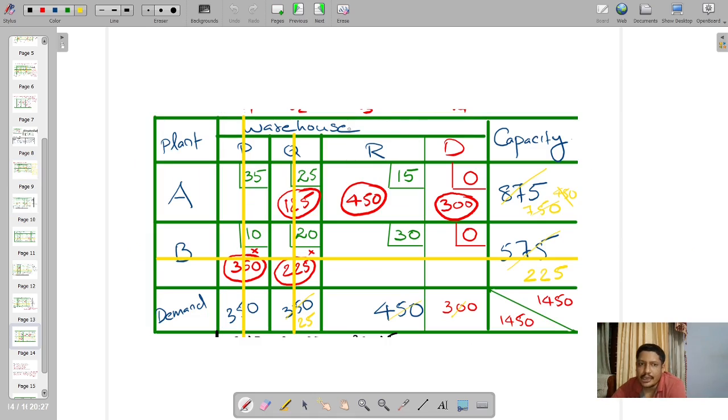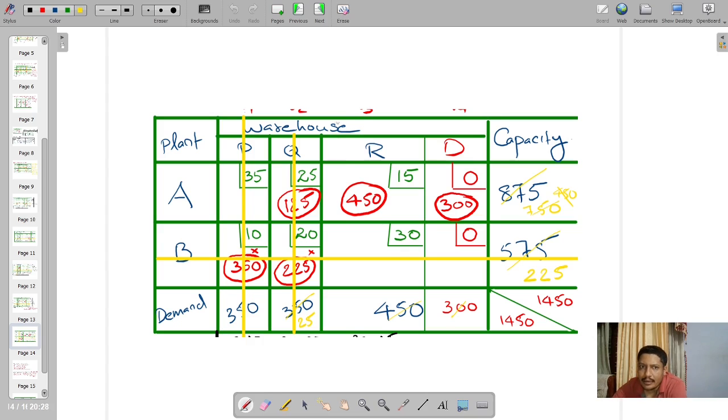So you got the new table with allocations of AQ as 125, BP as 350, BQ as 225, AR as 450 and A dummy as 300.